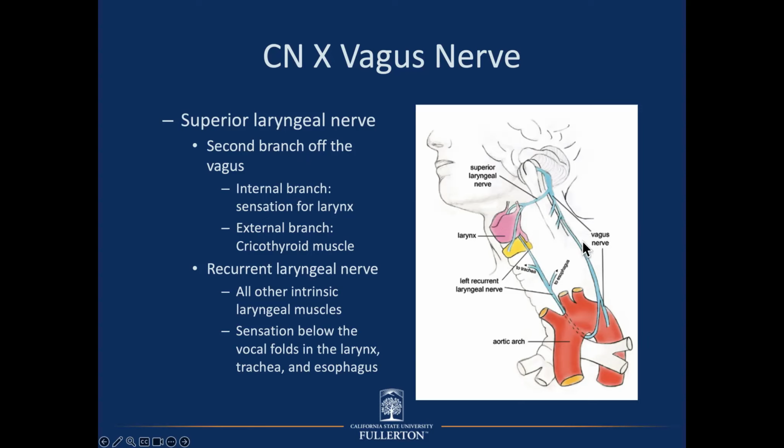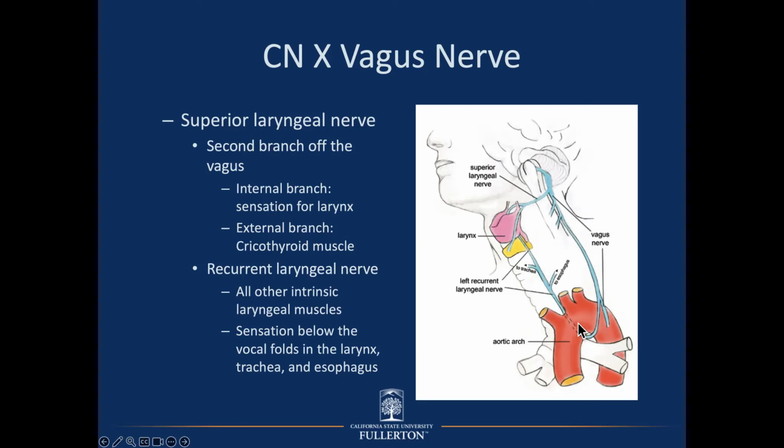Here is the vagus nerve, and you can see it's dropping off things as it goes down here. This one is on the left. There's a right side too, but it's not depicted here. Here's the vagus nerve continuing on out, but here's its recurrent laryngeal. You can see from looking at the picture why it gets its name recurrent laryngeal, because it recurs, it comes back up to where it sort of started.